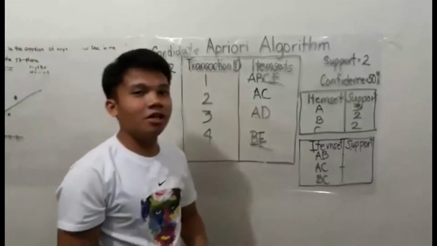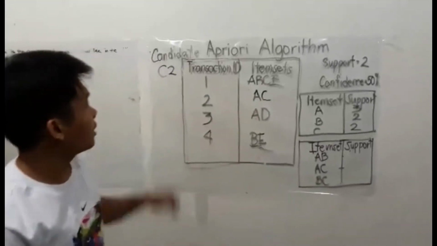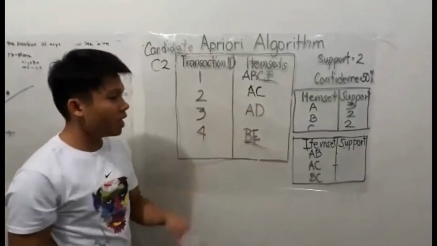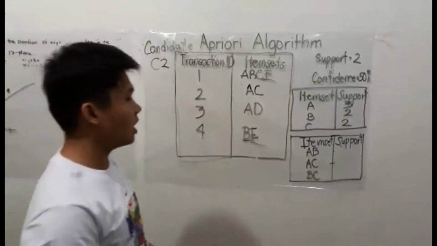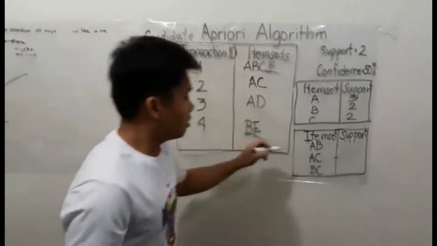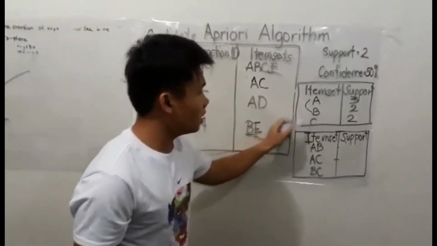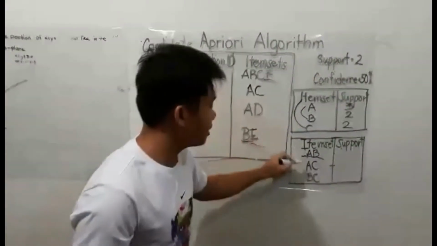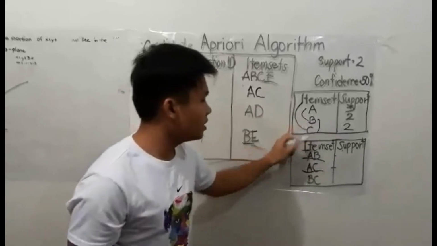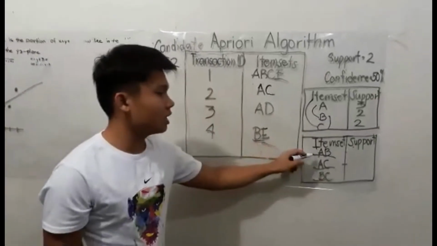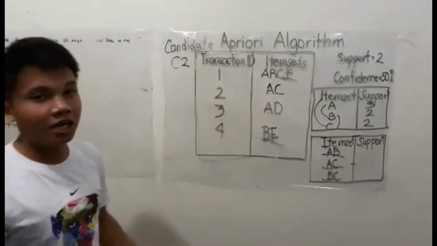As we have calculated the support for the candidate C1, I will make another pair of item sets, which is AB, AC, and BC. Then we will find again the support for these candidate item sets.